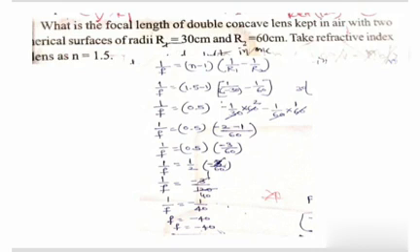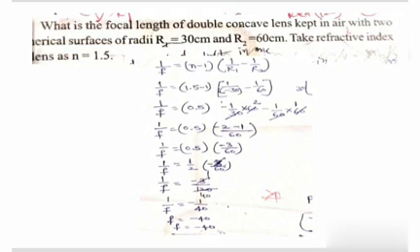Here the two radii of curvature R1 and R2 are given, and the refractive index of the lens is given, n equal to 1.5. We have to find the focal length F of the double concave lens.